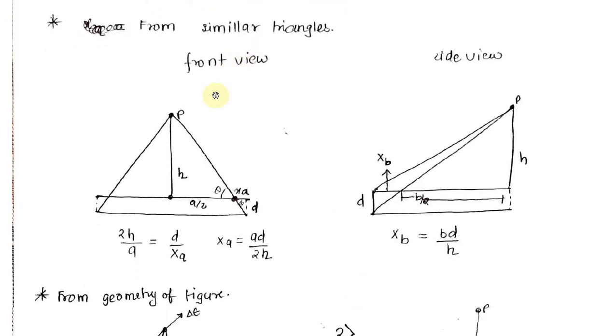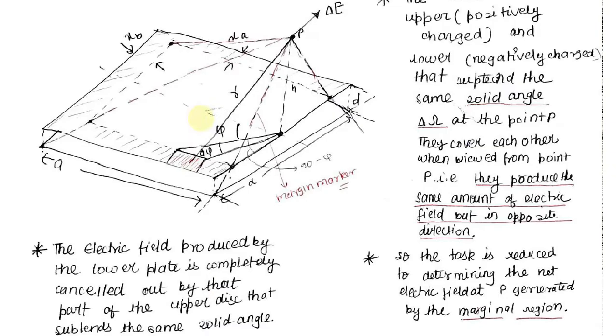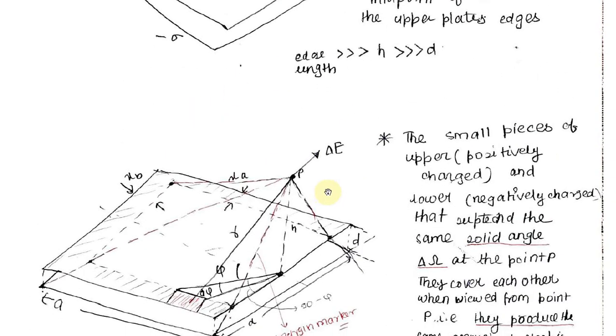And here, from similar triangles, we can say from the front view. If we take the front view of the system, from this side I will see the front view, and from this side I will see the side view.